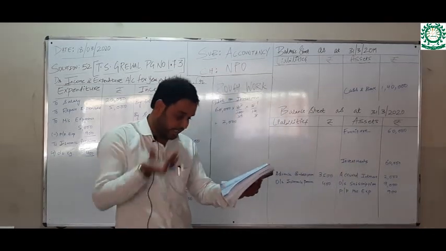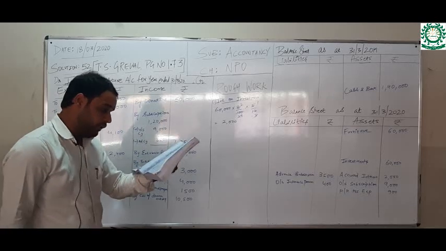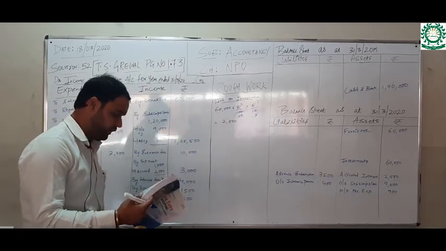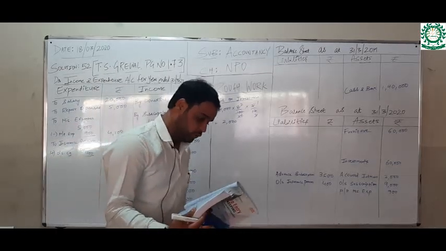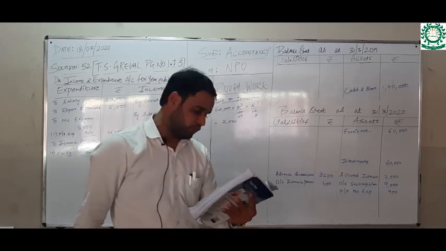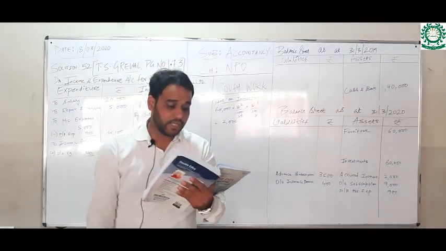Yes, after that the next item please. The next item is billiards table. The billiards table is 80,000. Again there is certain adjustment on the billiards table, right? That is adjustment number 5. Billiard table costing 3 lakhs was purchased during last year.